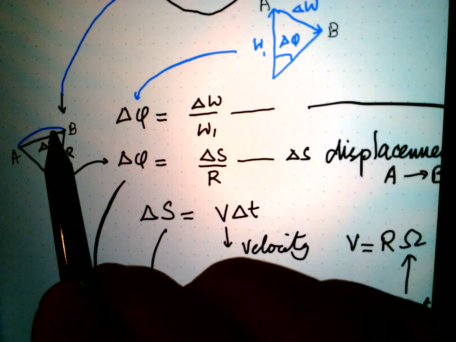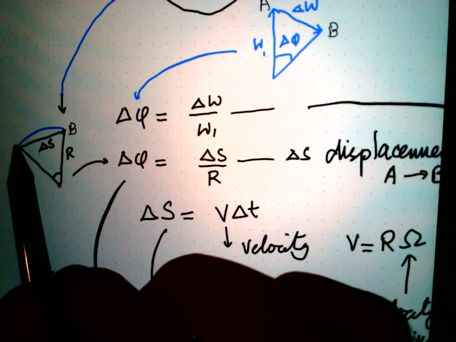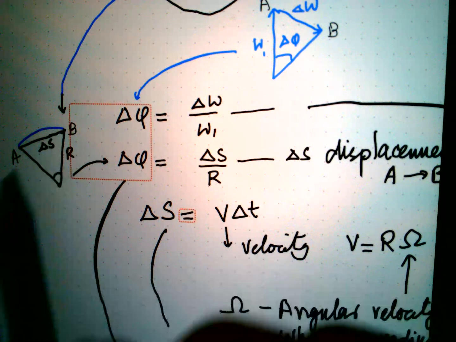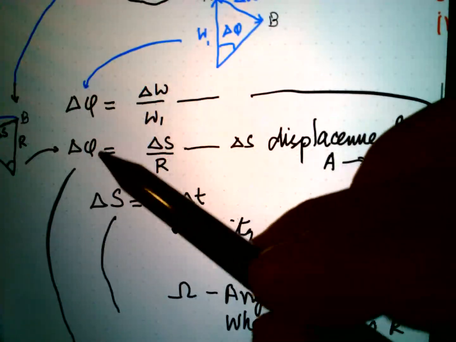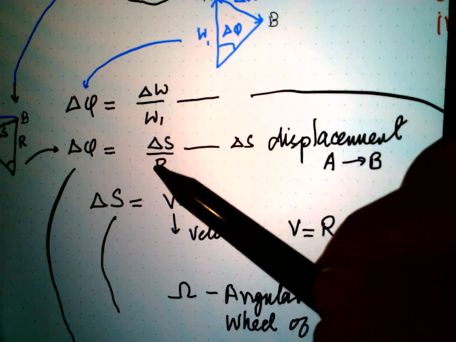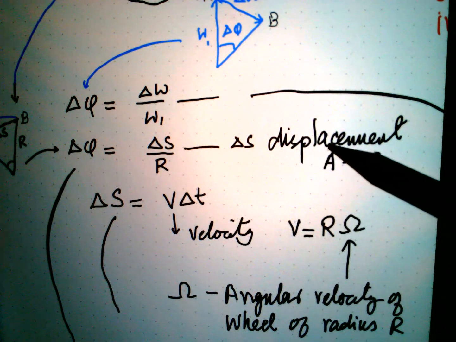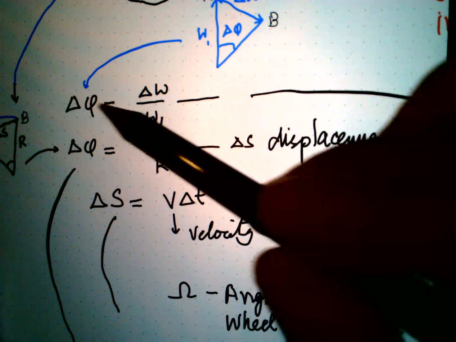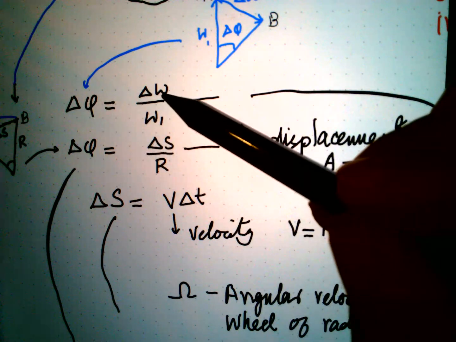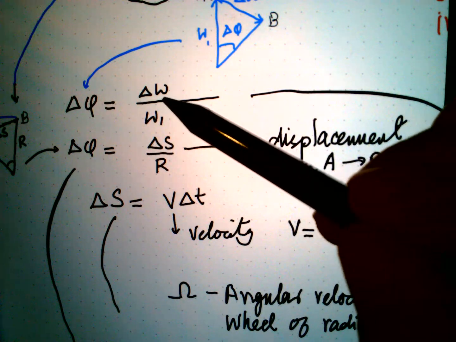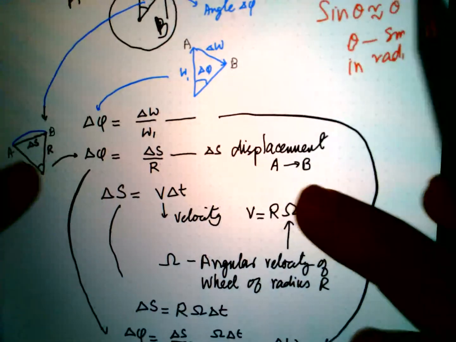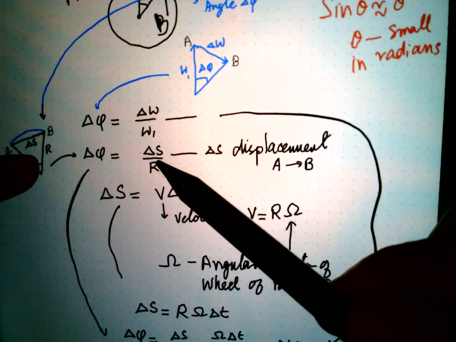So this is the distance, this is the arc, and this is the distance delta s. So from this one, we can find that delta phi is equal to delta s over R. So this is the displacement, angle from angular velocity and angle from distance traveled.